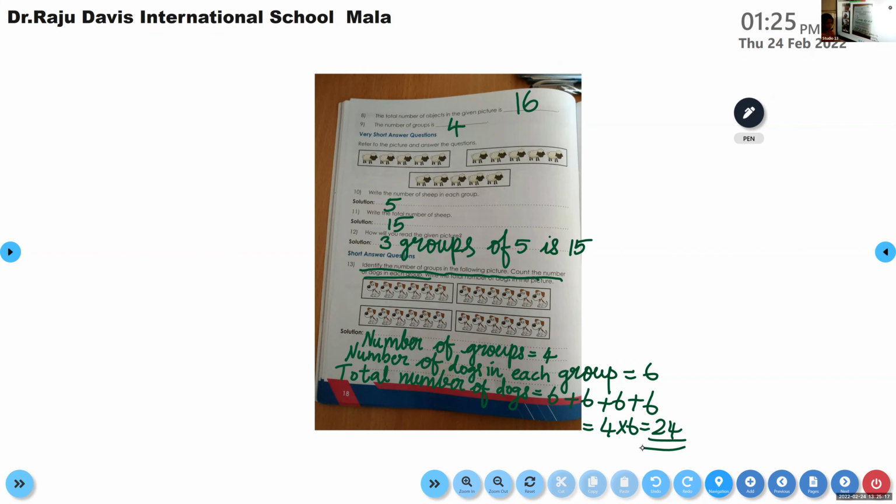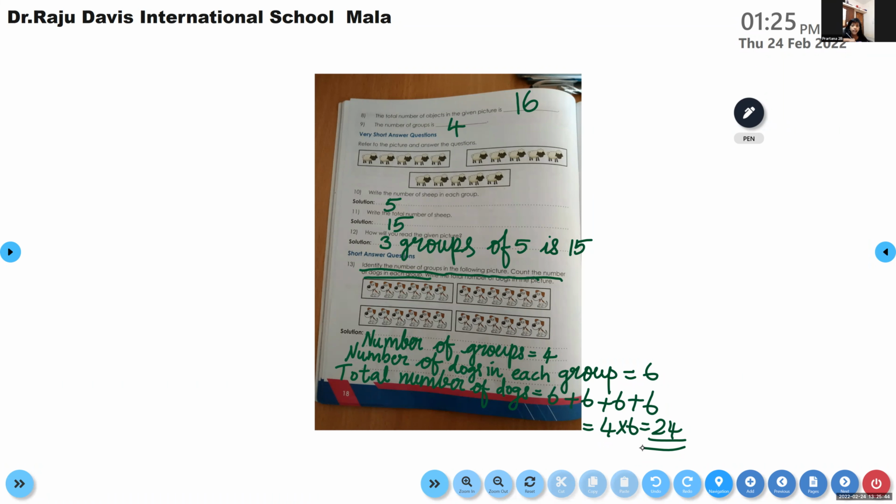The remaining questions we will continue in the next class. So you can complete the answer. If you want to continue, you have only one period now, so you can continue. If you want, you can continue after the class also, and you can check your answer in the next class.